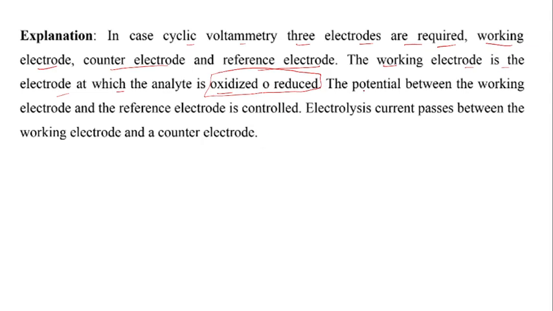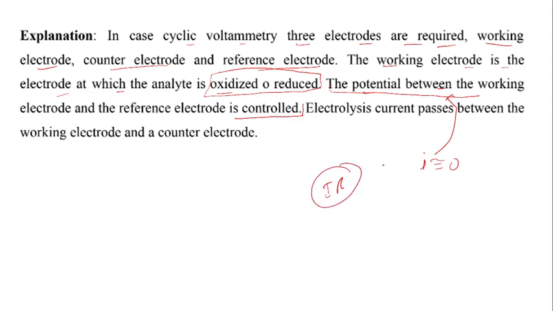The potential between the working electrode and reference electrode is controlled. This is always constant. How is it constant? Because we are not providing current, so current is not flowing; I is approximately 0 here. This is also why we use a reference electrode: to protect from IR drop.